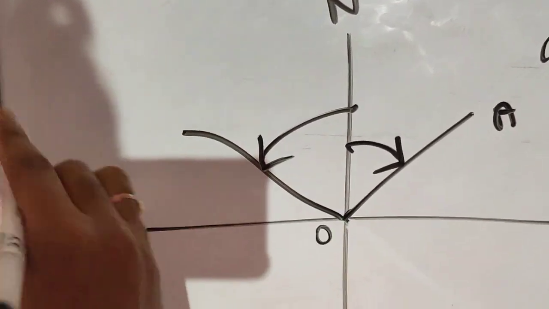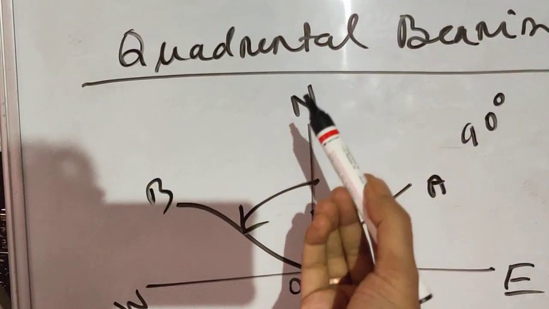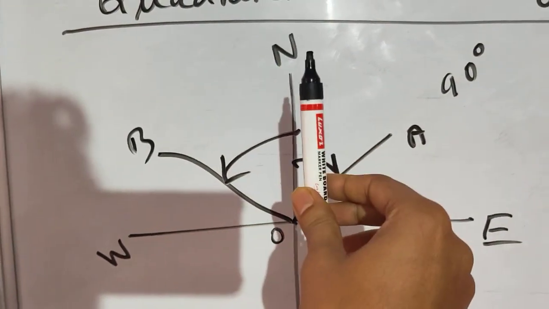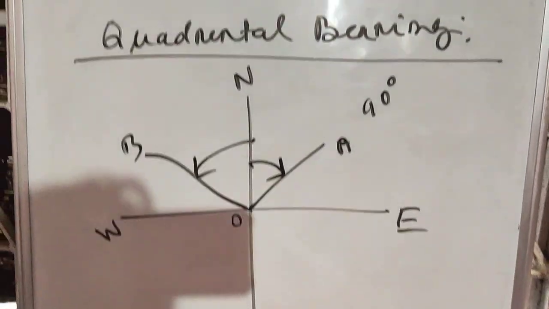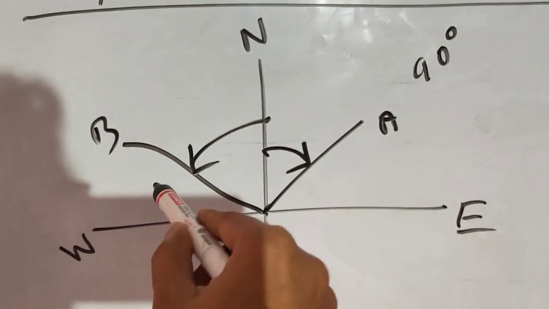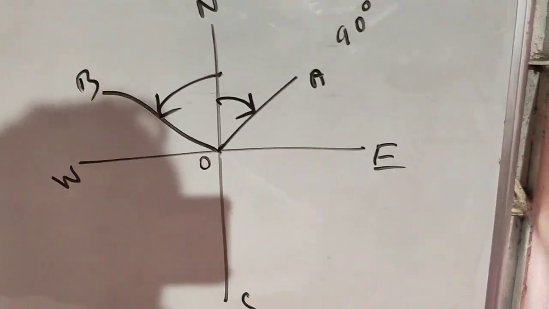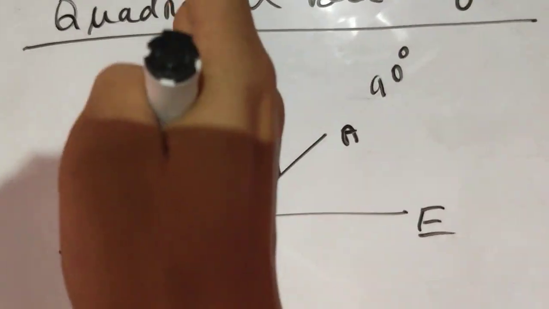Suppose there is a line OB in this fourth quadrant, then the angle this line OB is making with the north direction will be measured anti-clockwise. That is not a problem in this method, we can measure the angles in both clockwise and anti-clockwise direction. And one more thing, in the whole circle bearing method, we measured the angles with respect to the north direction only.